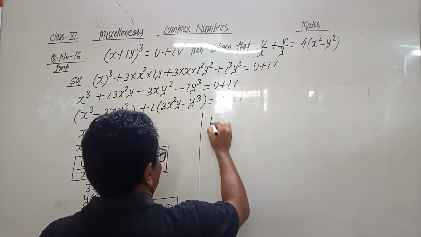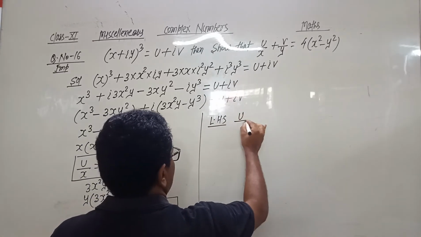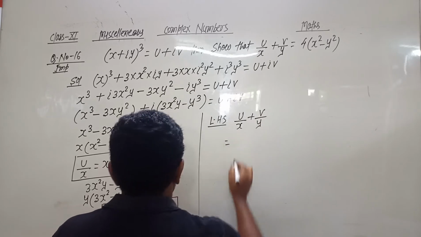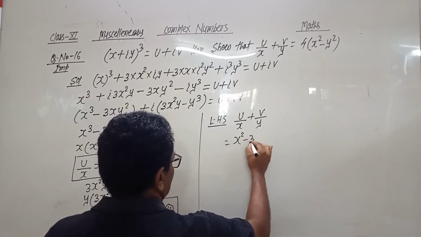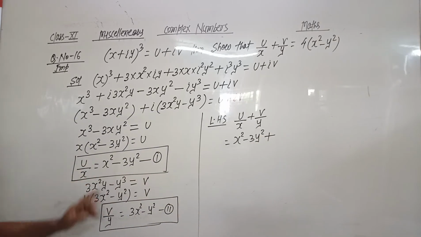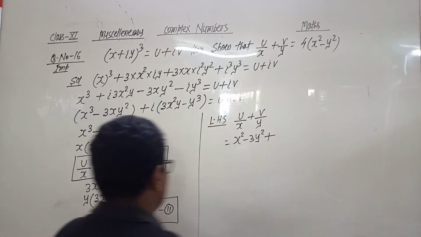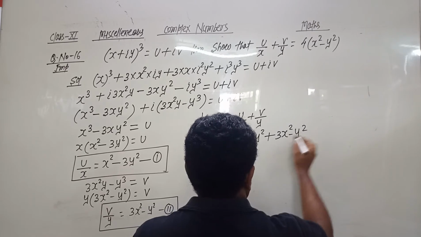So we take the LHS, and in the LHS we have to find u by x plus v by y. Put the value of u by x. This is x square minus 3y square plus the value of v by y. We have to substitute. The value of v by y is 3x square minus y square.